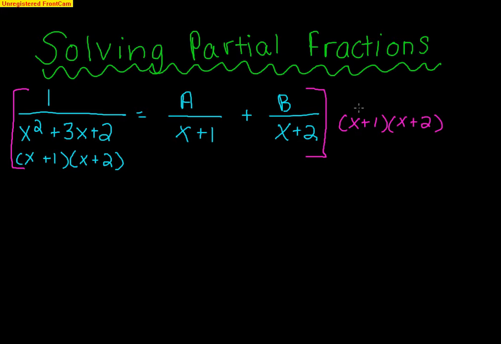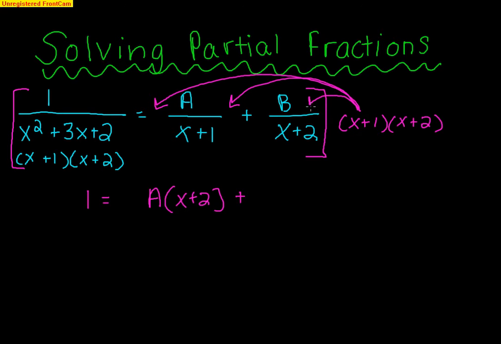We multiply the left side first, and we get that the denominator cancels out, and we get 1. And then we do the second partial fraction, and we get a times x plus 2, plus the third partial fraction, and we get b times x plus 1, since the x plus 2 cancels out, and the x plus 1 for the other fraction cancels out.